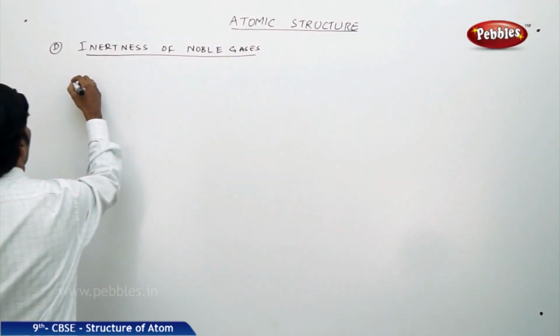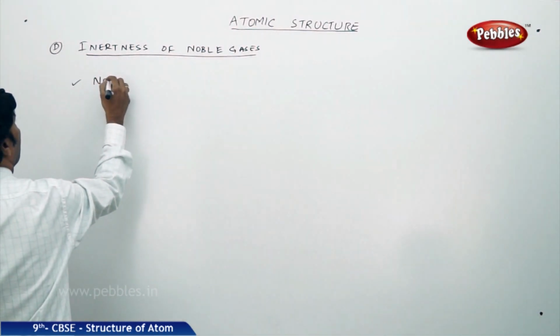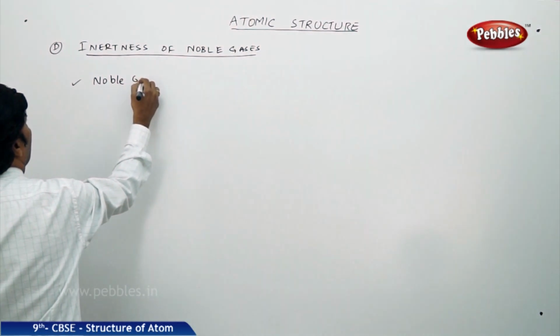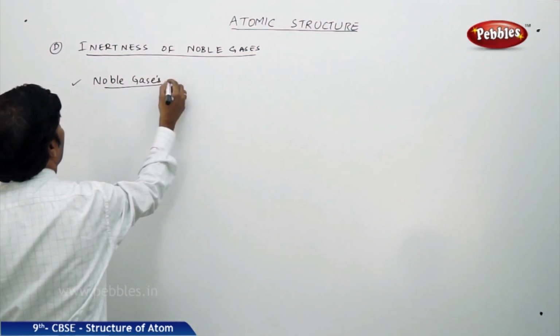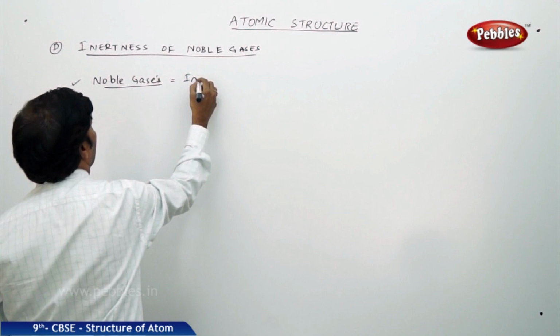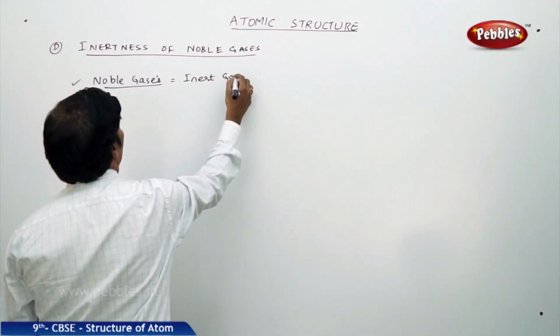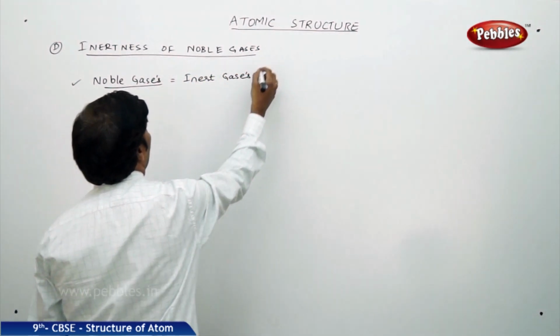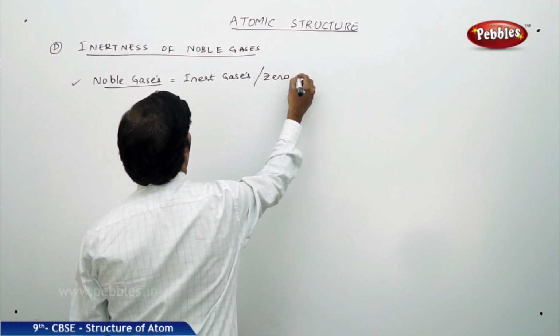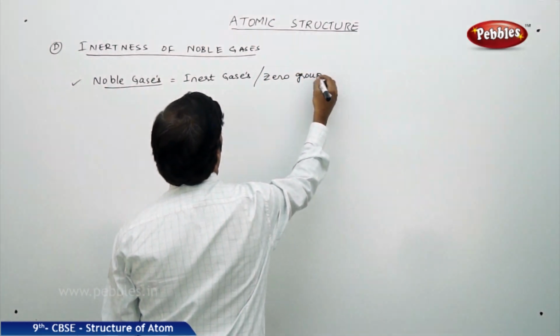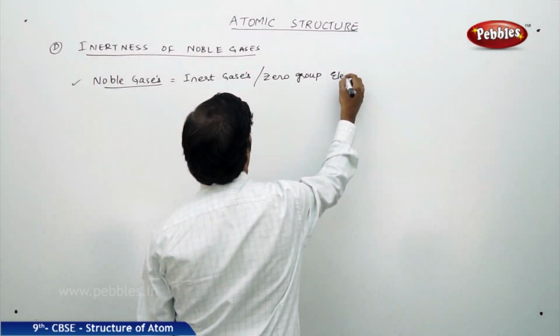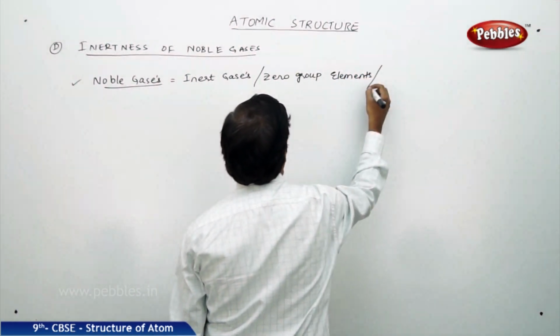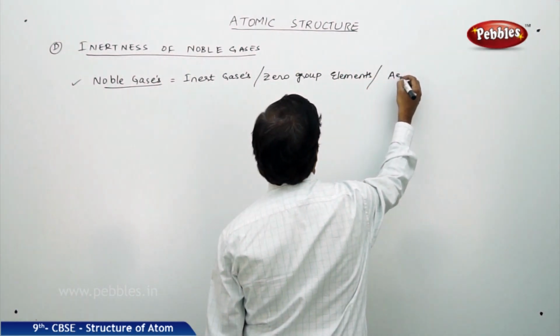First of all, noble gases are also called inert gases. Inert gases are also called zero group elements. Sometimes they are also called aerogens.